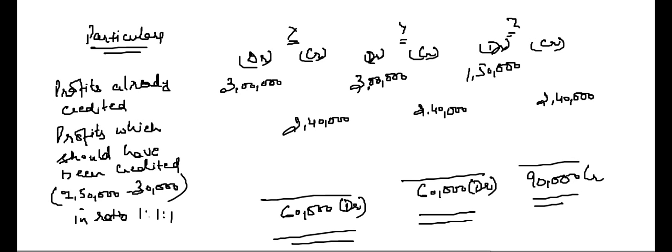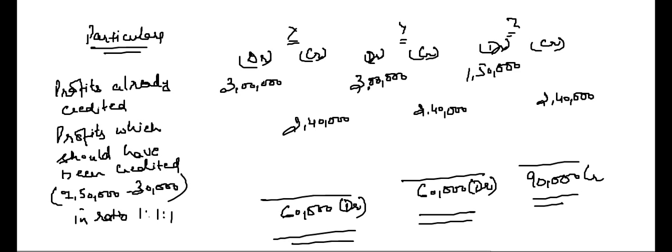See, in general terms also, X and Y were getting more amount which was not allowed under the Partnership Act. So we have taken some amount back from X and Y, and Z was being underpaid, right?